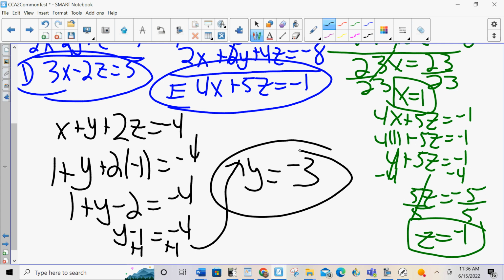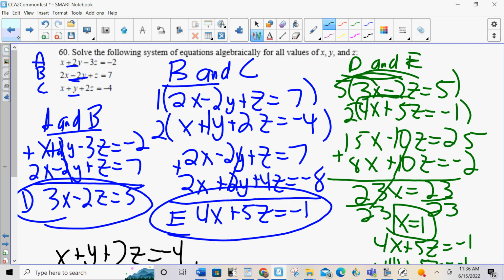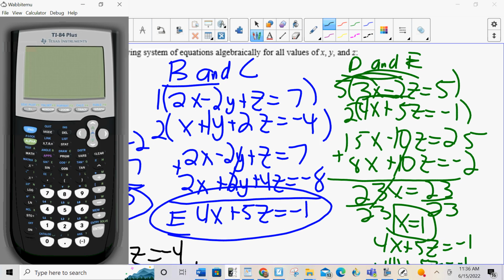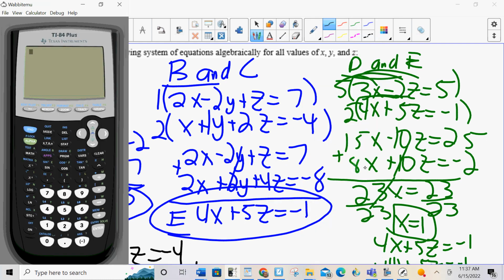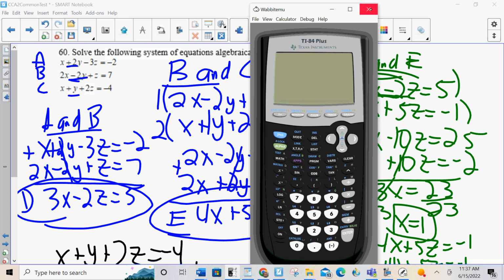And just a refresher of your other option, which would get you 2 points, which we talked about in the previous video. Second matrix, edit, A, input the coefficients: 1, 2, negative 3, 2, negative 2, 1, 1, 1, 2.